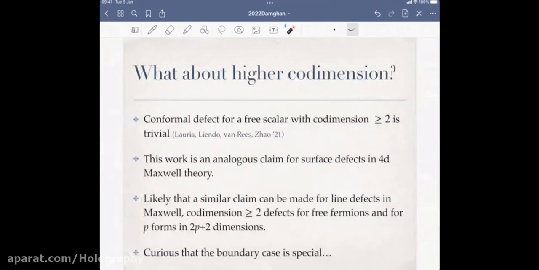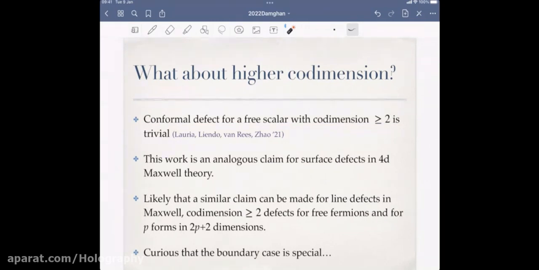So this is all boundary physics, and there seems to be a reason for that. It turns out if you want to start with some free degree of freedom in the bulk and couple it to a defect in higher codimension, so not just a boundary, but like a line or a point or something, it seems to be much more constrained.